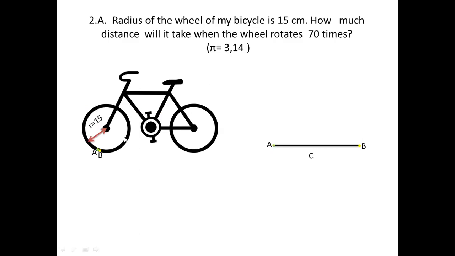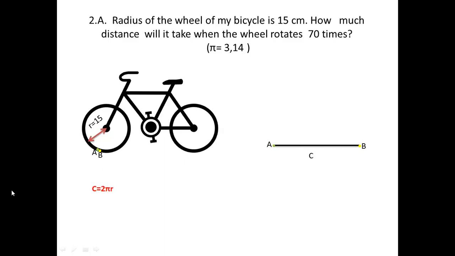This wheel will rotate 70 times. If you take this circle and make it a straight line, you get this kind of straight line. It means in one rotation it makes distance C, I mean circumference. Let's find circumference first.